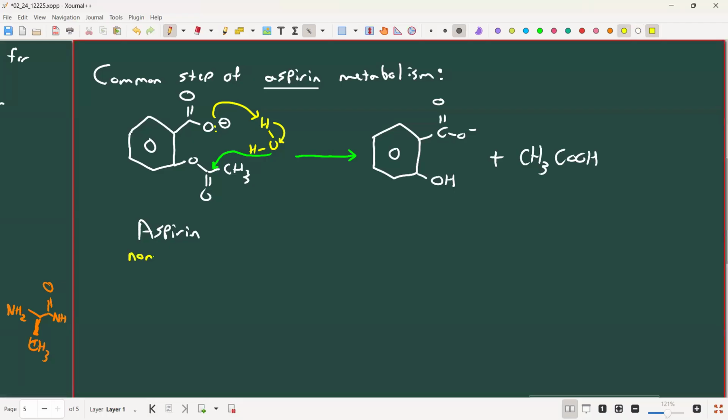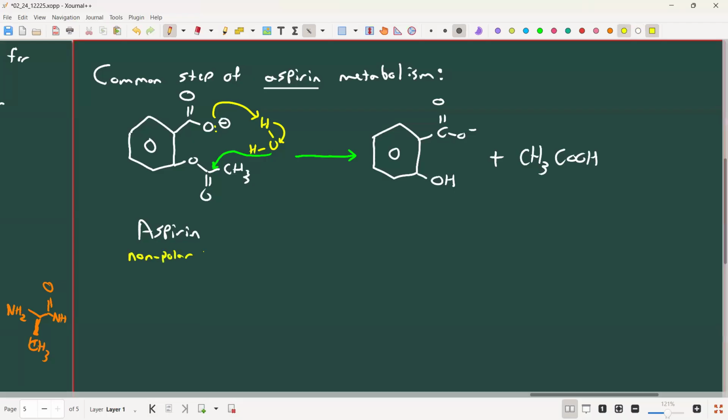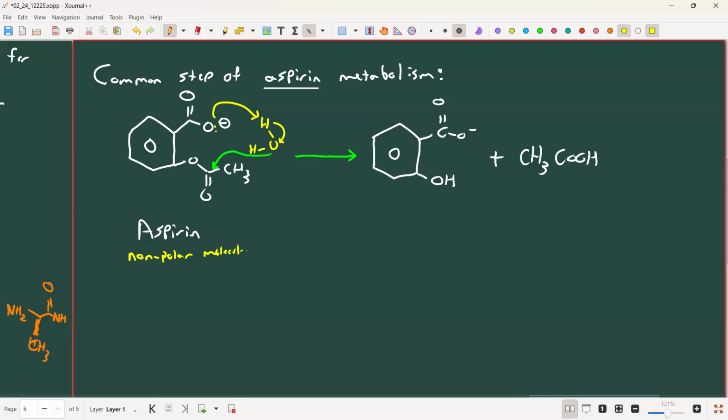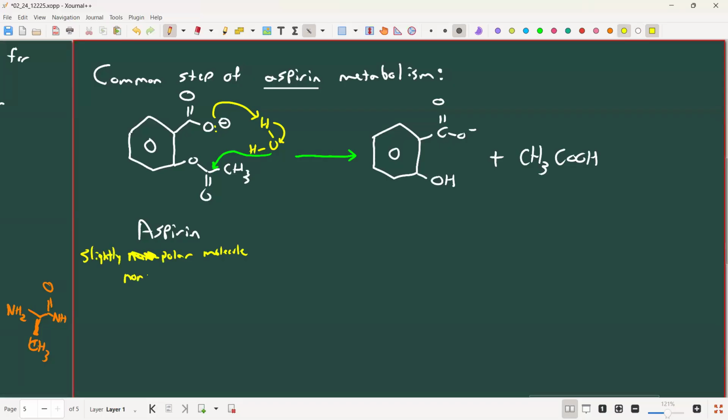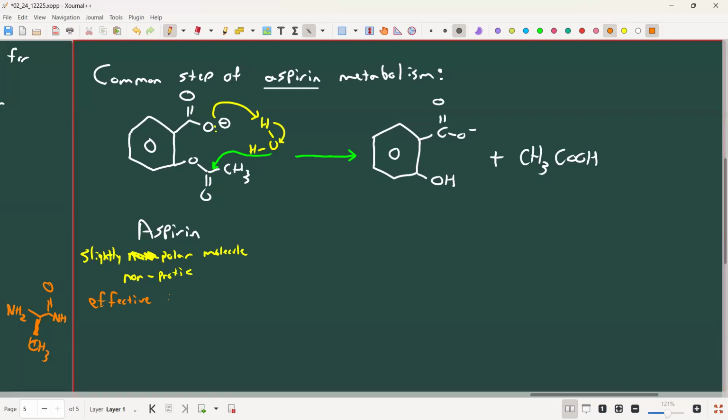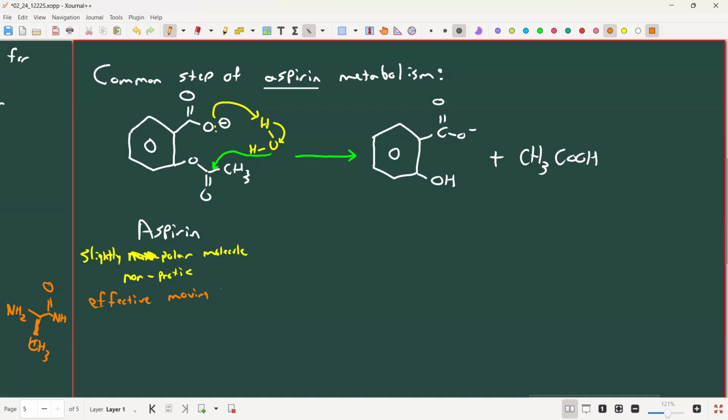This aspirin is a non-polar molecule. Oh, it's mildly polar, I shouldn't say that. It's a slightly polar molecule. It's non-protic, which means it's effective at moving through the blood-brain barrier. It's good for our painkiller.